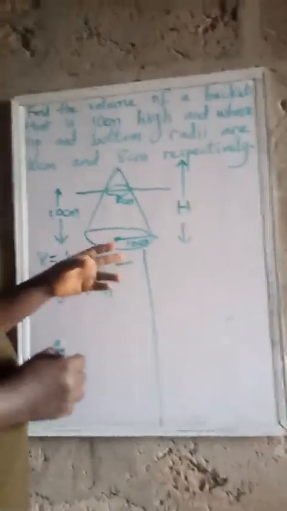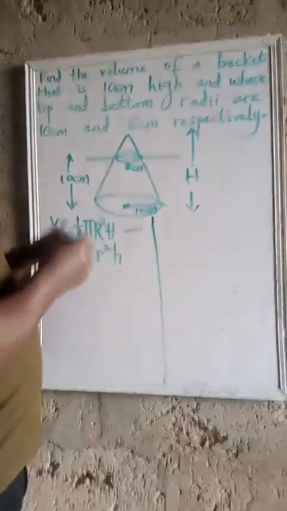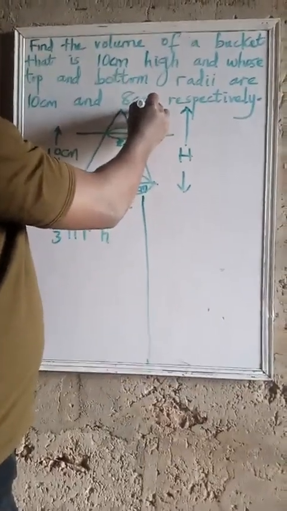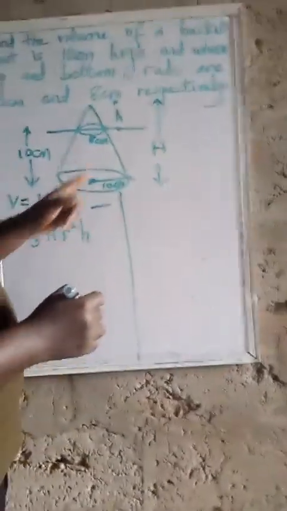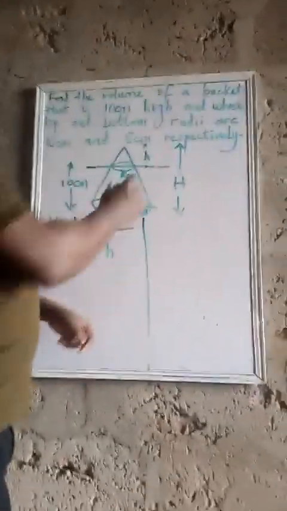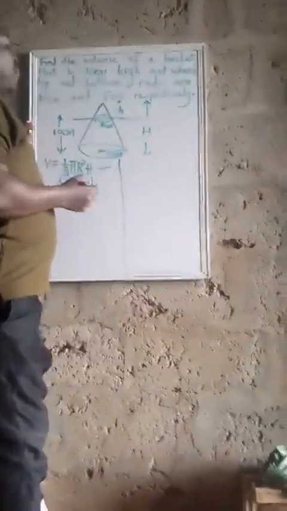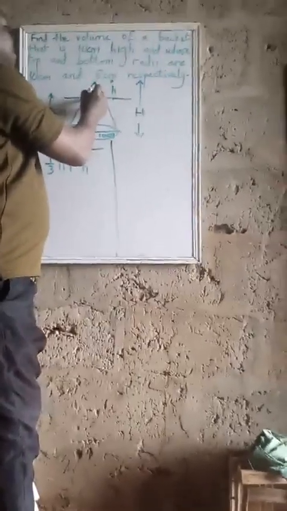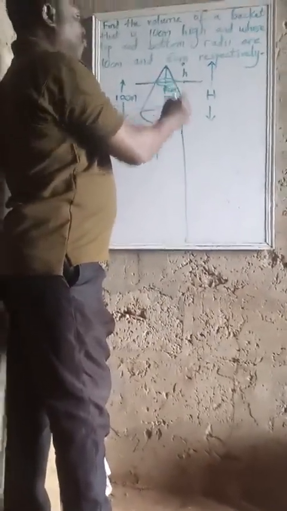Before we can find this total height, we must know this small height here. I want to represent this small height, the distance from here to here, by h. When we find that, we are going to add it to this 10 so as to get the total height for the whole cone. In order to find this small height, we are going to employ the similar shape principle. This is a right angle triangle, and this is another right angle triangle.